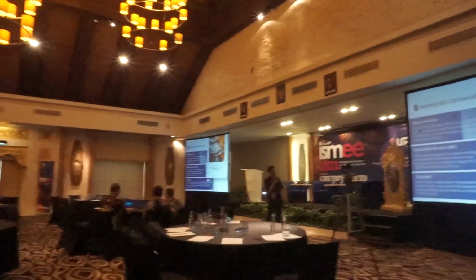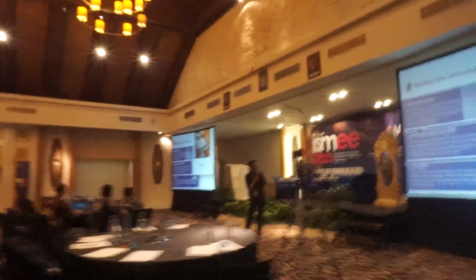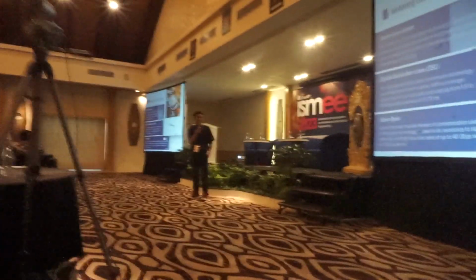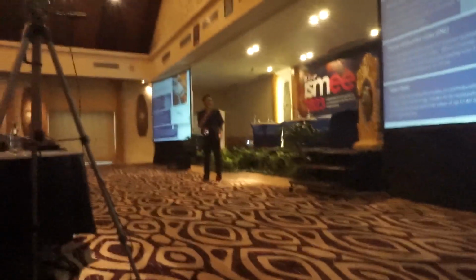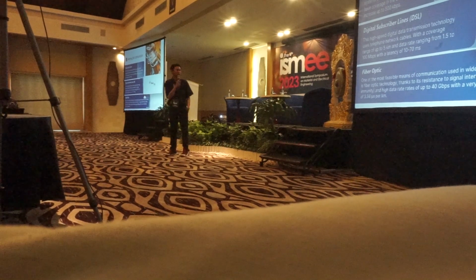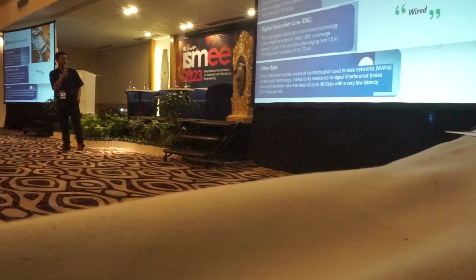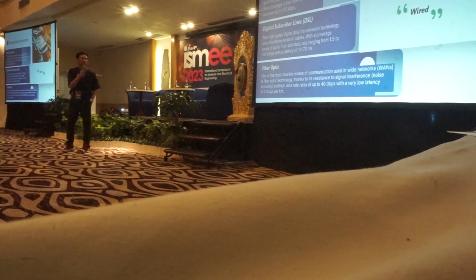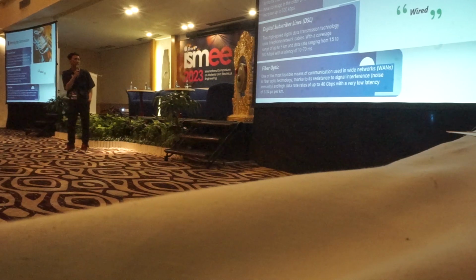The third one is fiber optic, one of the most visible means of communication used in wide area networks or WANs. Fiber optic technology, thanks to its resistance to signal interference or noise immunity and high data rates up to 40 gigabits with a very low latency.